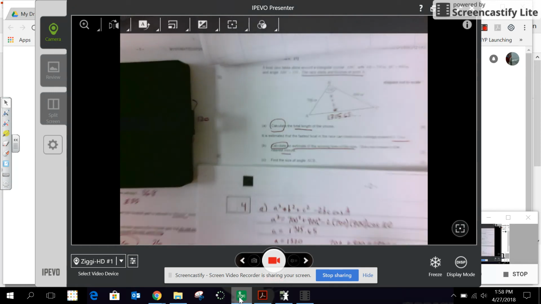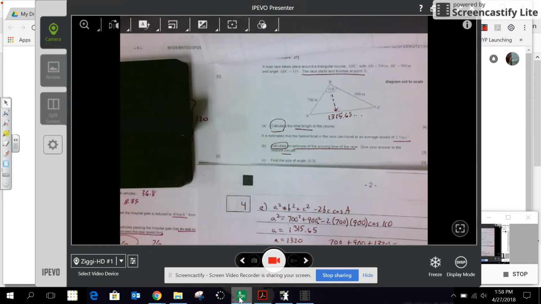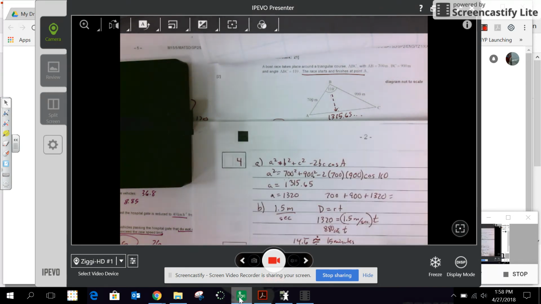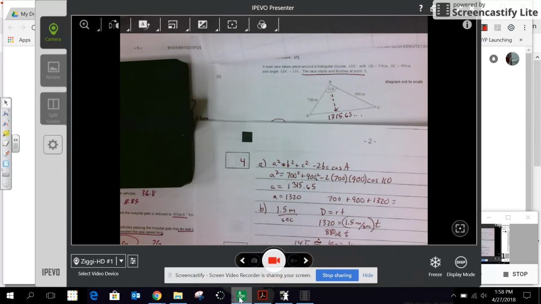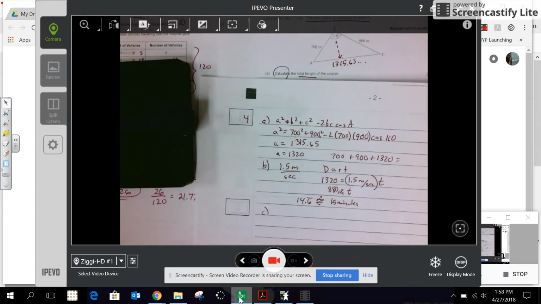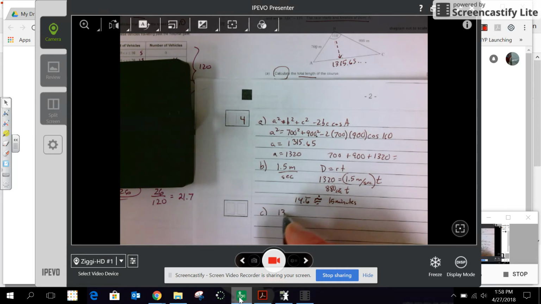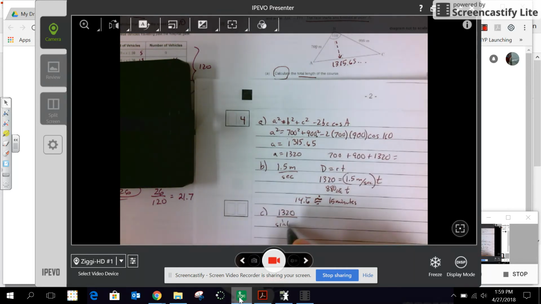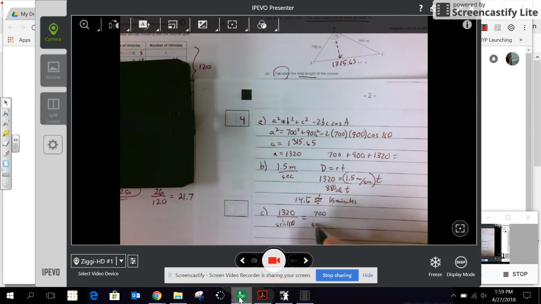Okay. Part C, find the size of angle ACB. Now I can use the sine rule because I know that side is 1,320. So 1,320 over the sine of 110 equals 700 over the sine of angle ACB.